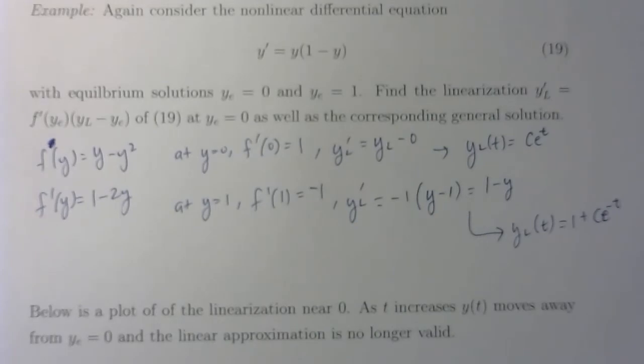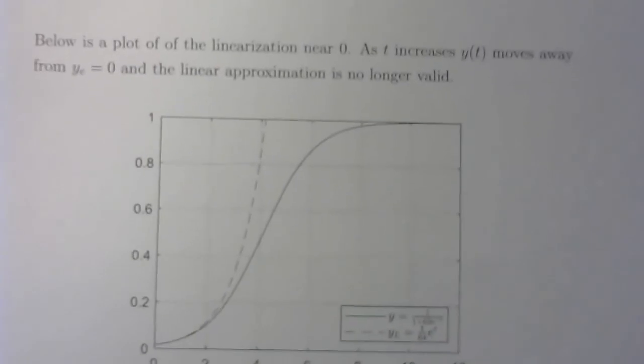Great. Okay, so let's look at plots of what these two linearized systems look like as compared to the real solution that we found using separation of variables. So here's a plot of the linearization near 0.